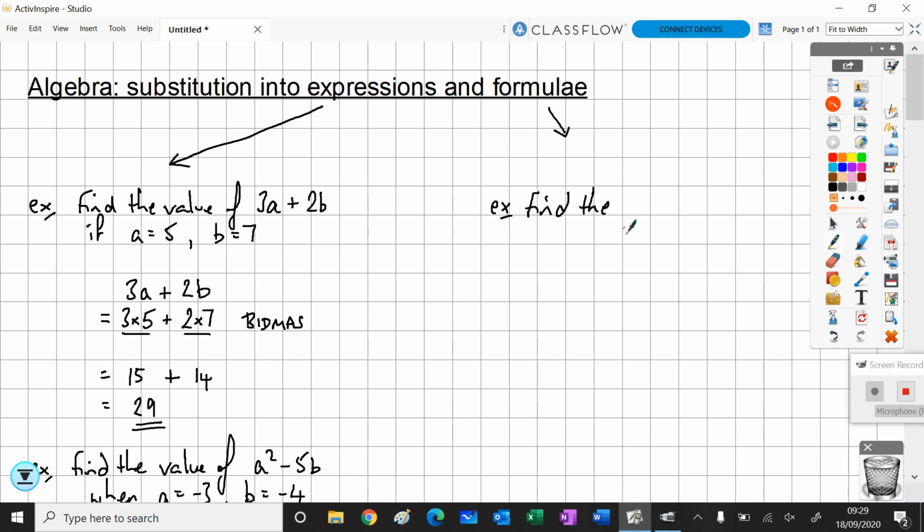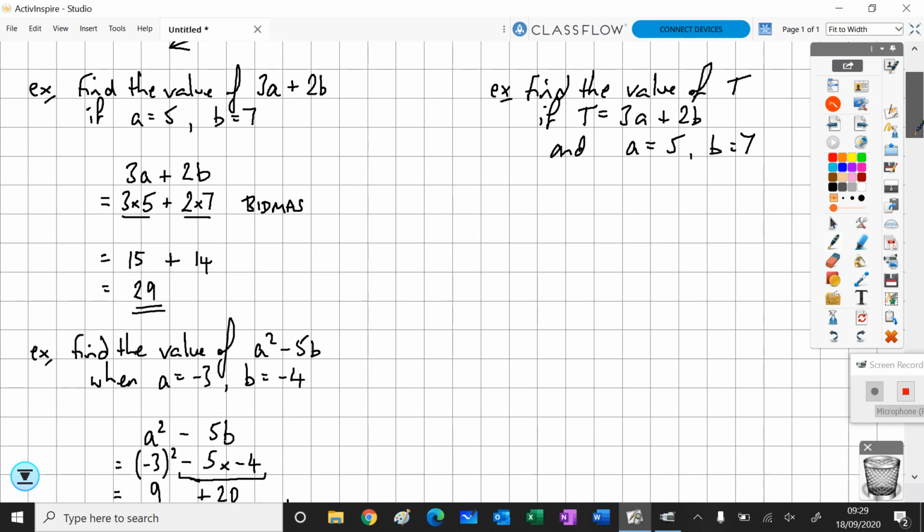Find the value of t if t equals 3a plus 2b and a equals 5, b equals 7.